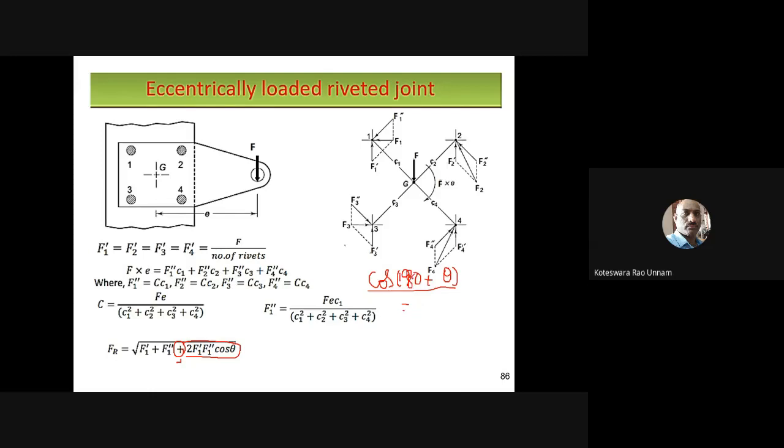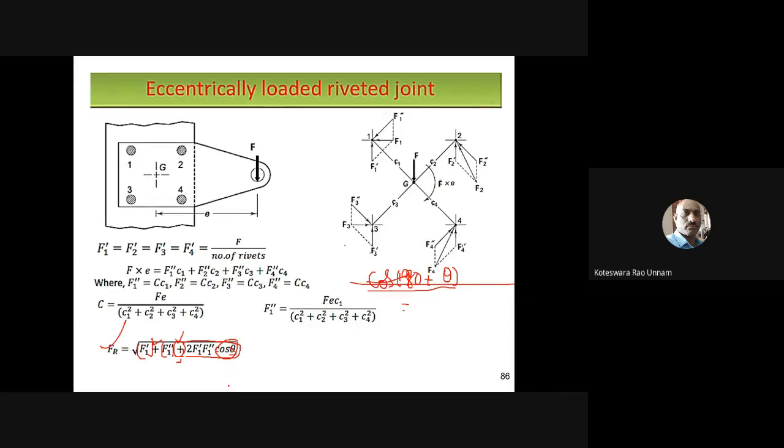If you calculate FR, what you get is F1 dash squared plus F1 double dash squared minus 2 F1 dash F1 double dash cos theta. I will get something like this.